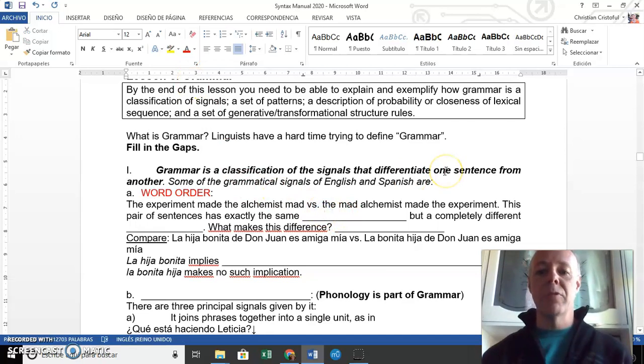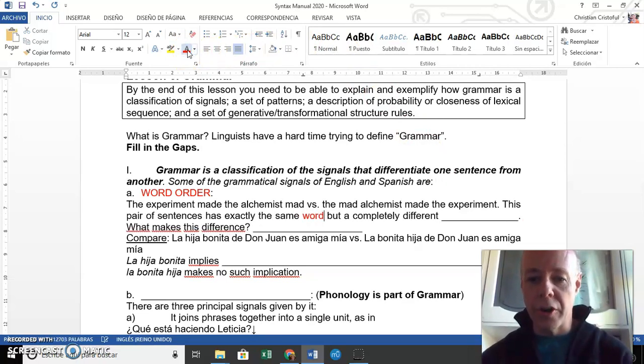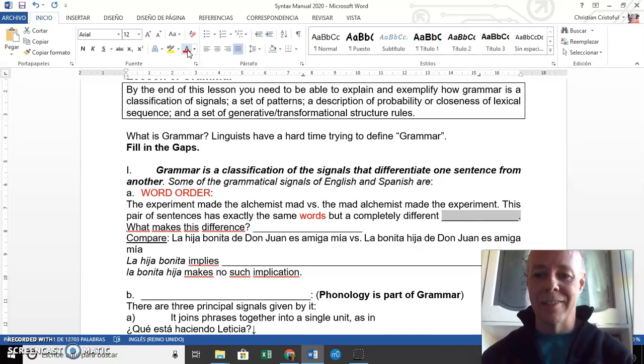Notice that the manual says this pair of sentences has exactly the same what? Right, the same words. The experiment made the alchemist mad. The same words, but a completely different what? Yes, you're right.